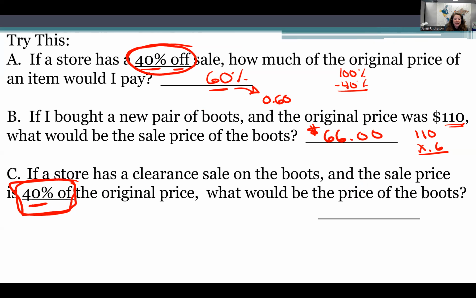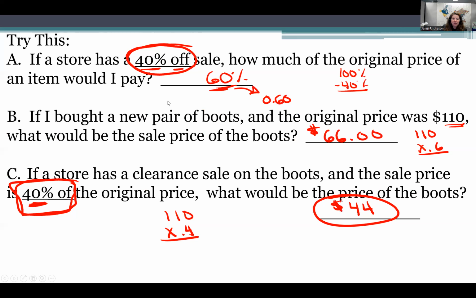That means you're only paying 40% of the original price, not 40% off. So here we're paying 60%, which is 40% off of 100. But when it says 40% of the original price, we're just finding 40% of 110. So 110 times 0.40 is a great price at $44. That's why it says clearance.